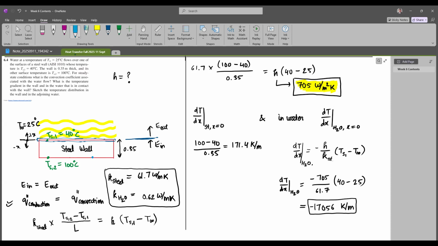From here to here, it's like a straight line. It is supposed to be a straight line because it is a linear relationship. Now, what is the temperature gradient here? After this, it is much higher, right? So the graph is going to get very steep like this after this. So this is how you can sketch the temperature distribution in the wall and the water.